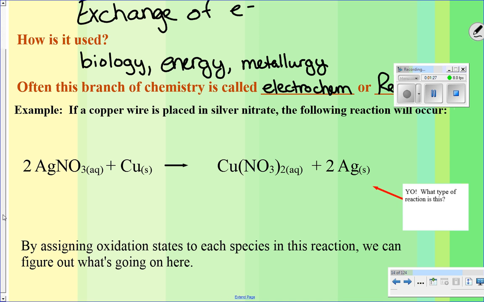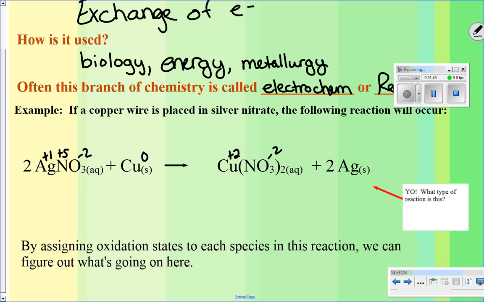I'm going to go through and assign some oxidation states quickly here. Silver's always +1, oxygen's -2. By the rules that we talked about the other day, nitrogen here we can solve to be +5. Our copper's all by itself, so its oxidation state is 0. In copper nitrate, our copper has a +2 charge.